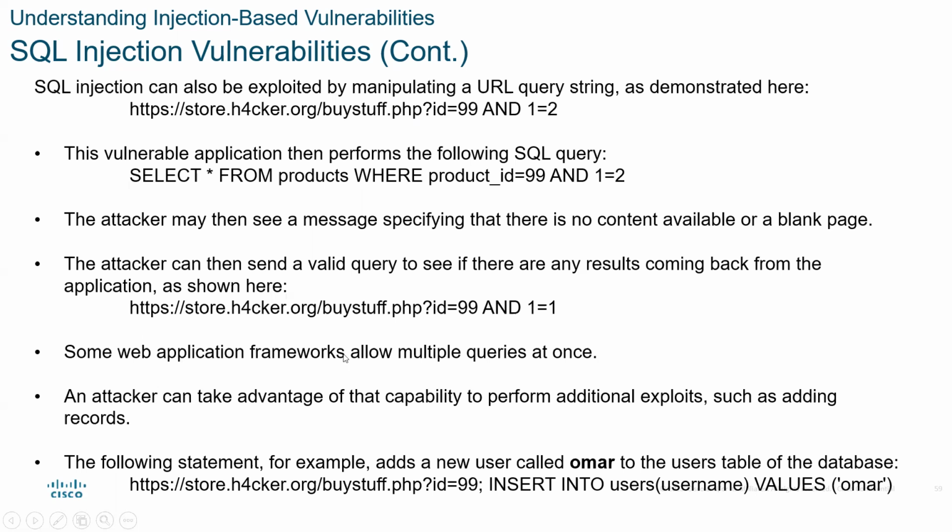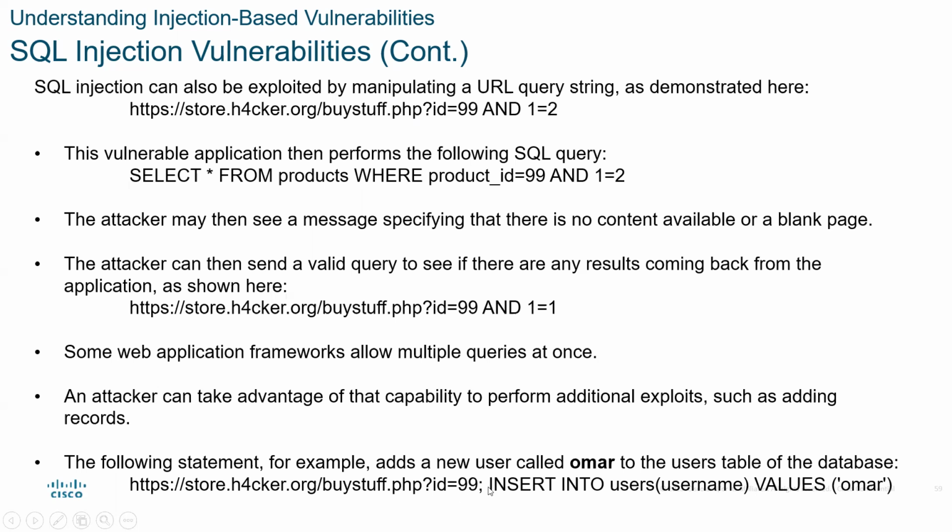Some web application frameworks allow multiple queries at once. An attacker can take advantage of that capability to perform additional exploits, such as adding records. So we have this particular entry here. The following statement, for example, adds a new user called Omar to the users table of the database. So now, I'm going to interact with a database here. By this command, I'm going to the database.